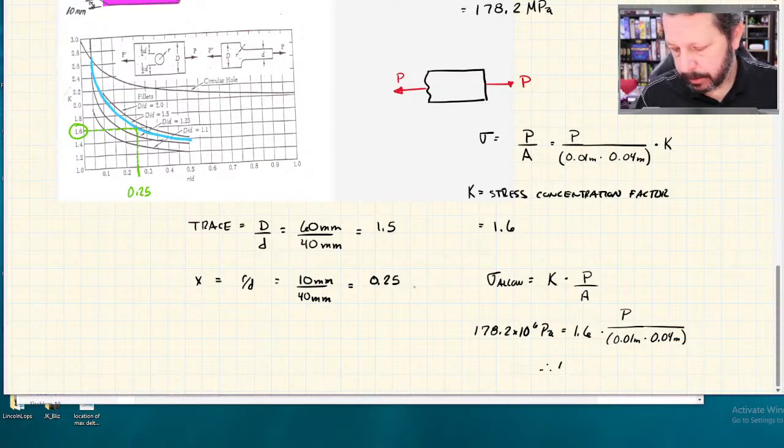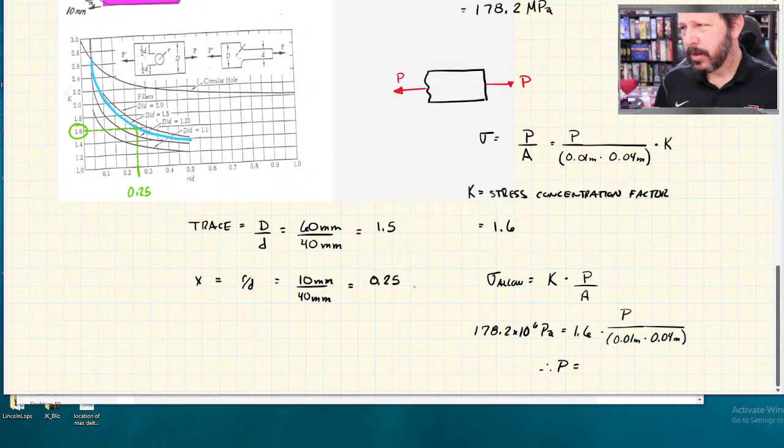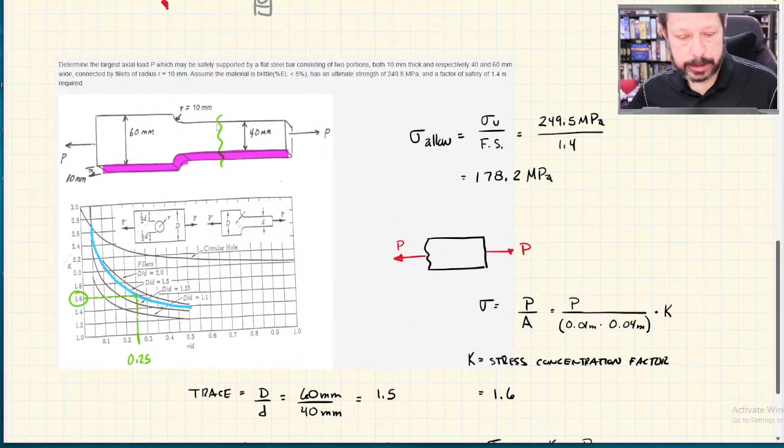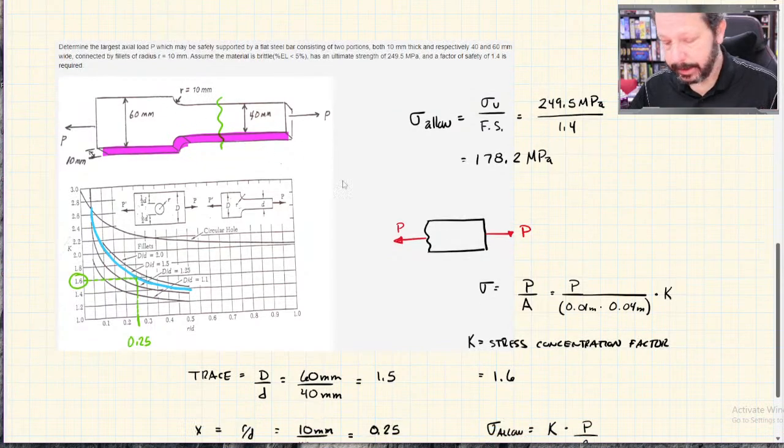And the only unknown in there is P. So I should be able to solve for the maximum value of P that I can apply to this little tab without exceeding this strength, while considering the fact that the stress is going to be higher at that fillet.